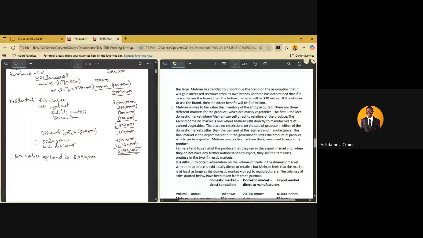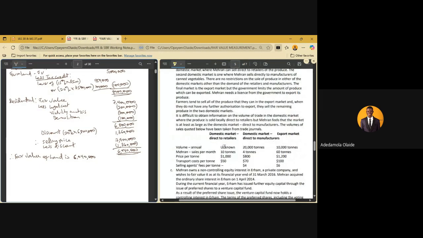The final market is the export market, but the government limits the amount of produce which can be exported. Mirror needs a license from the government to export produce. Farmers tend to sell all of the product they can in the export market, and when they do not have any further authorization to export, they sell the remaining produce in the 2 domestic markets.